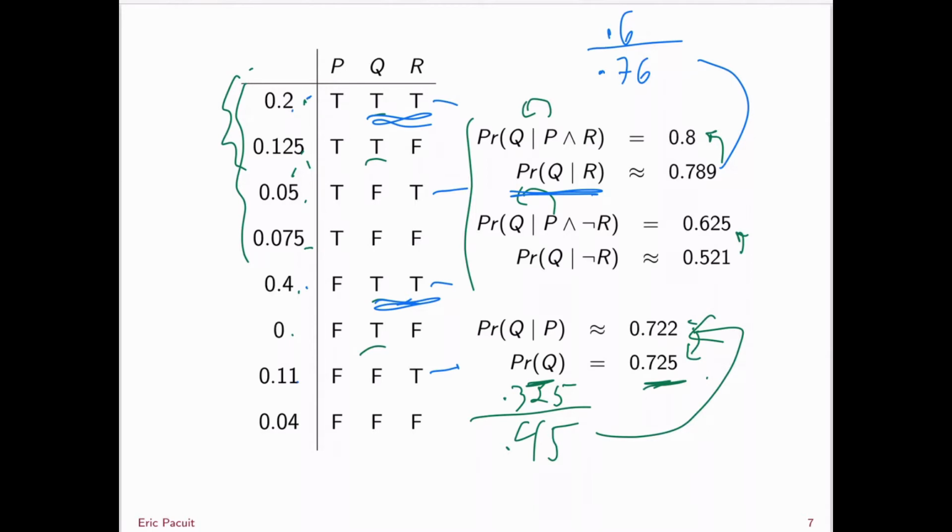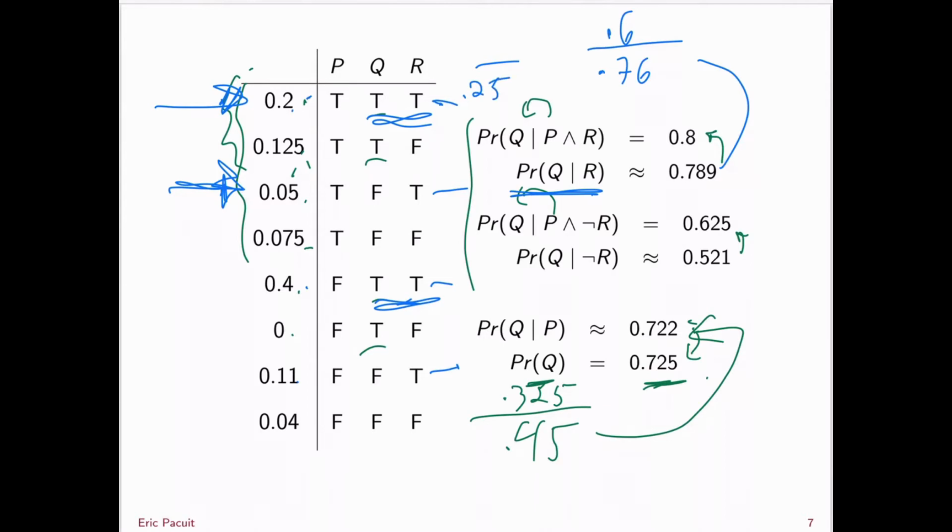What about the probability of Q given P and R? Well, P and R is true on this row, the first row, the third row here, and those are the only places where P and R is true. So the denominator is going to be 0.25.